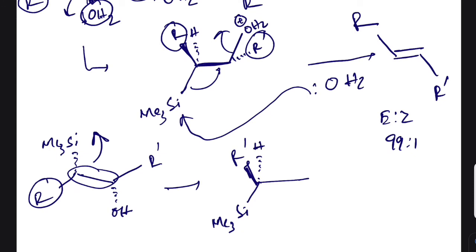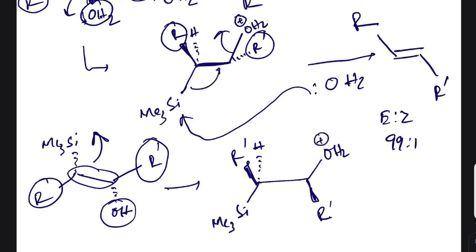Similarly, on that center, the R dash due to rotation will be above the plane, and the OH which is below the plane will be on plane in protonated form, followed by this kind of elimination after attacking water.